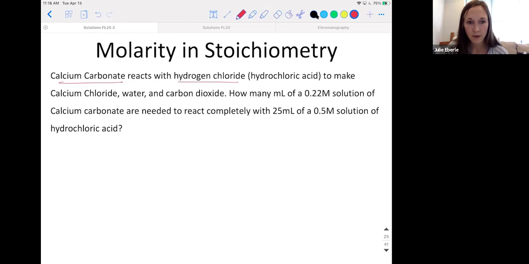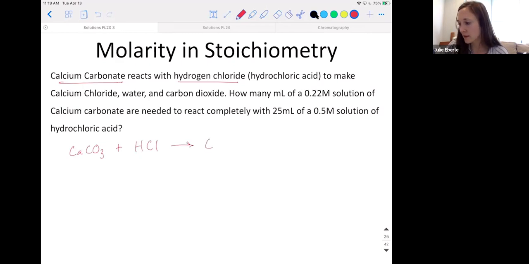All right, so anybody know the formula? Calcium carbonate, CaCO3, plus HCl, and they react to make calcium chloride.